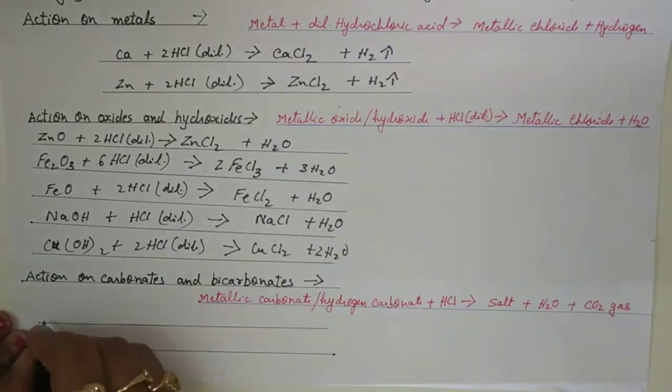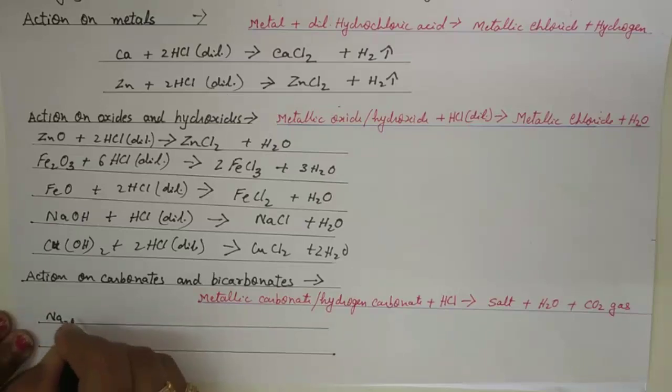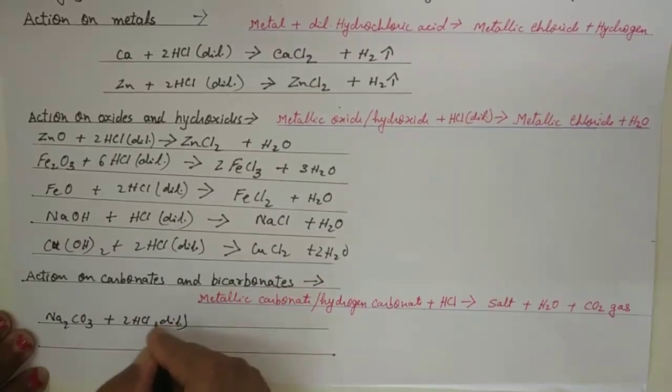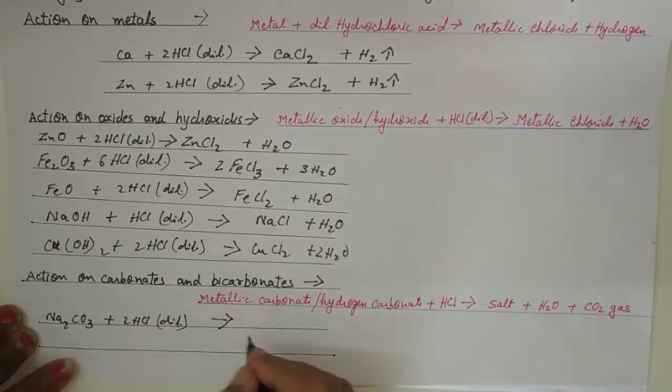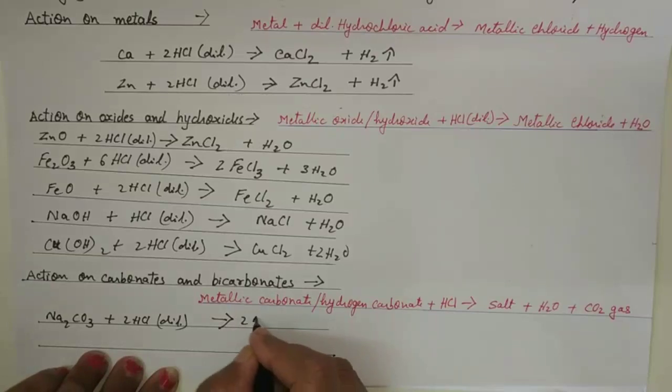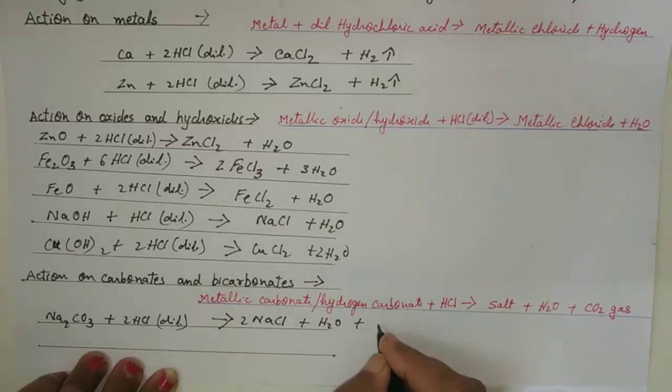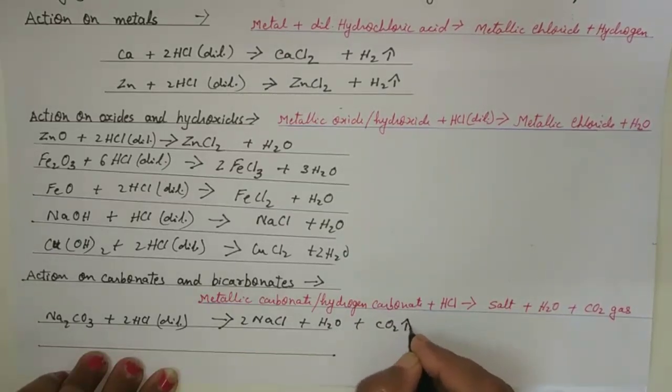So let it be, try out with sodium carbonate plus HCl dilute will give you the salt, which is metal chloride, sodium salt, so sodium chloride plus water plus CO2 gas.